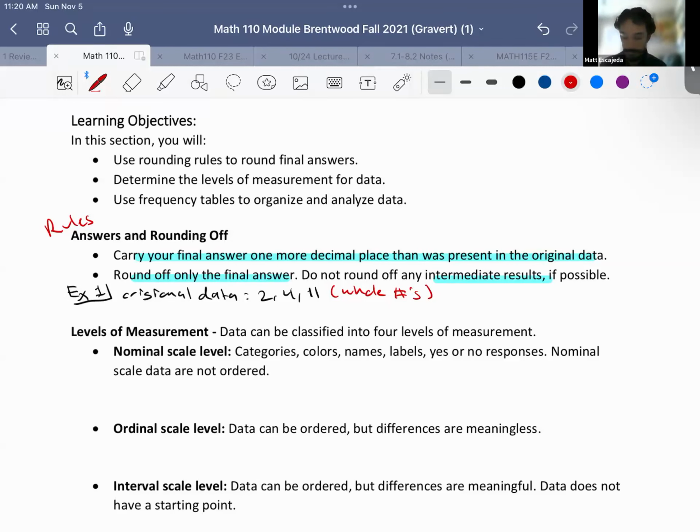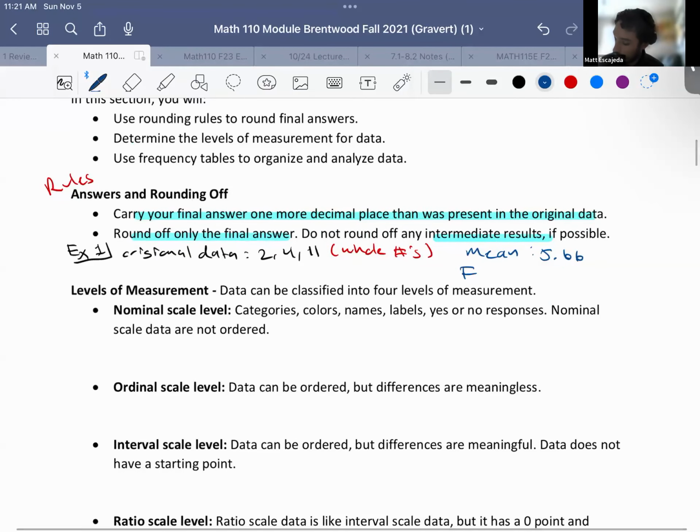And say when you calculate the mean, you will have 5.66. But then your final answer, you'd want to round it off to one more decimal place than the original data. Since the original data is a whole number, you would only want one more decimal place. So your final answer would be 5.7. That's what we mean by one more decimal place.